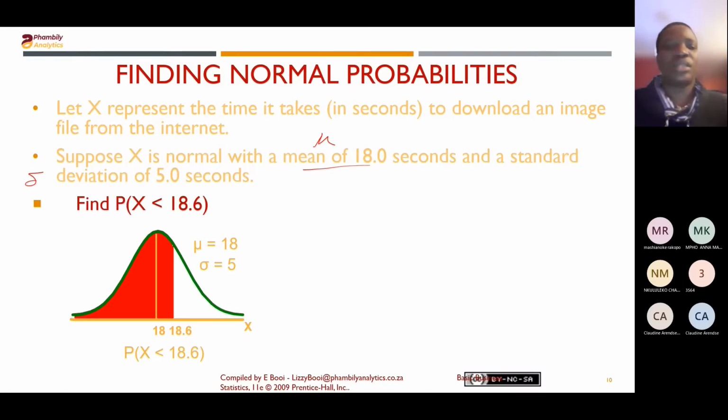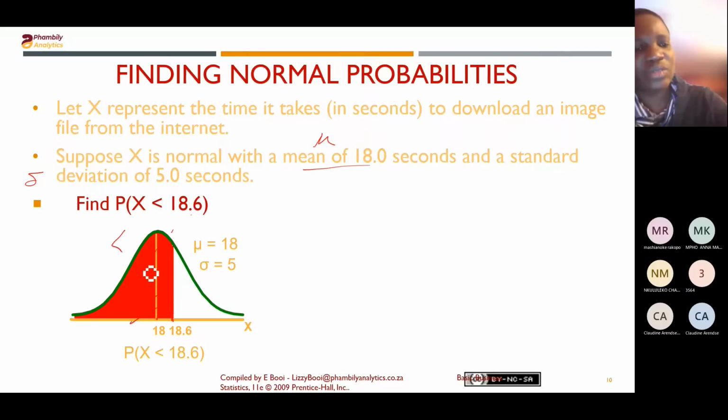So we can draw a graph that represents that scenario, and we want to standardize this. So when we represent this, our mean is right there in the middle, it's 18. Our X is 18.6, and the question is less than, and less than means to the left.